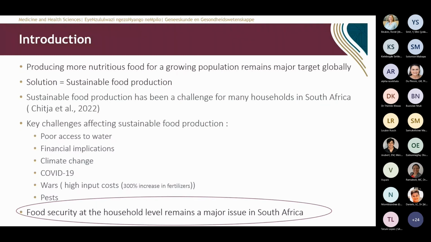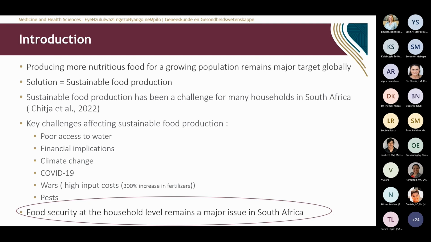As we speak now, farmers are complaining about the 300% increase in fertilizers and some other chemical inputs that are used for farming. Then we also have an issue of pests in South Africa that we are very challenged with, especially at smallholder farming level and also at subsistence farming level. These arising challenges have been a hard issue for South Africa to deal with, and also other sub-Saharan countries, which has also led to food insecurity existing at household level.